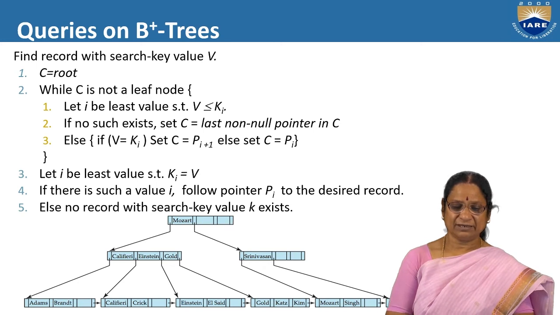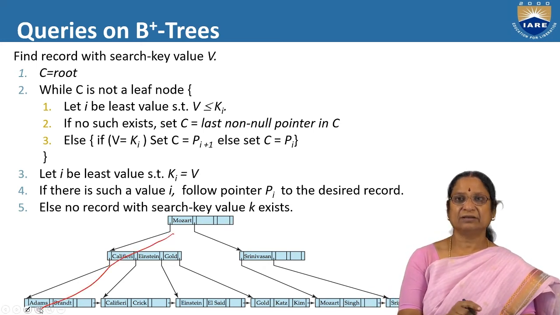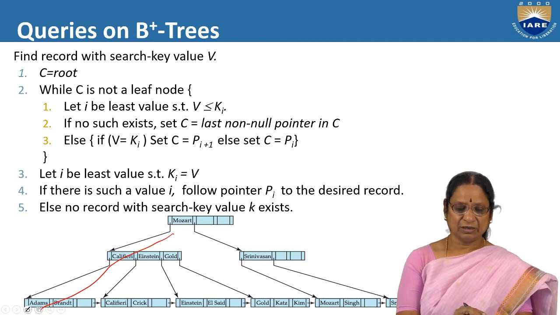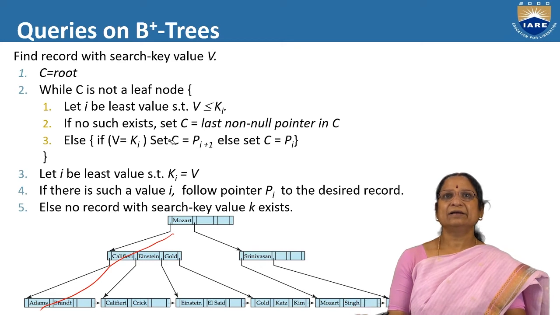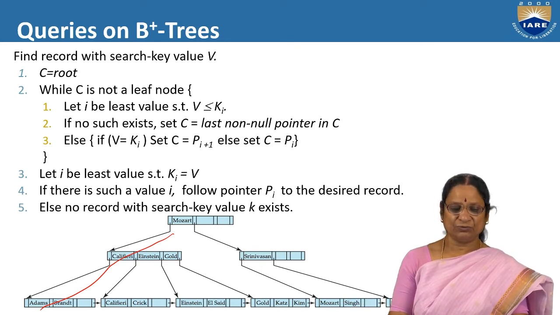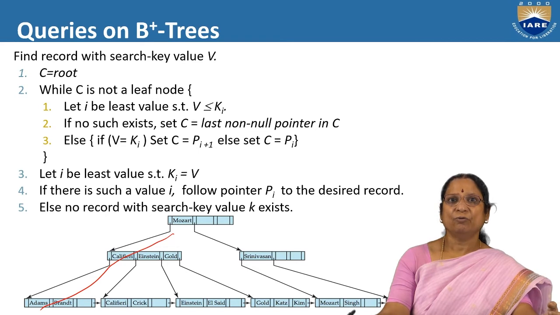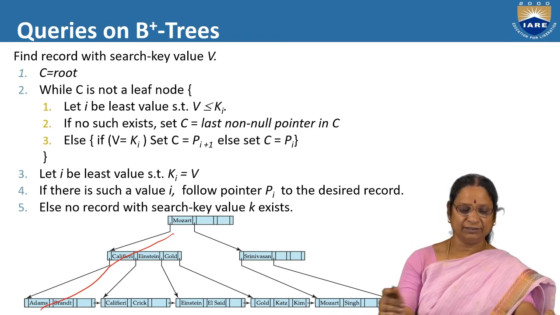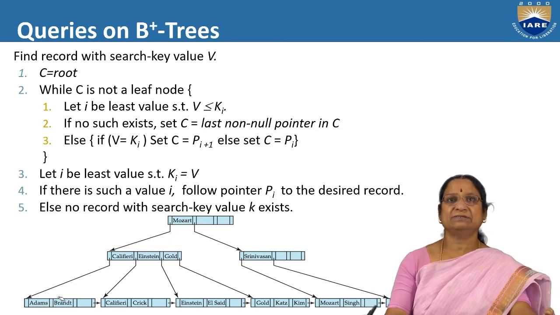So let i be the least value such that Ki is equal to V. If there is such a value, I follow the pointer Pi to the desired record. Once we reach the leaf node, the search process proceeds in sequential order.